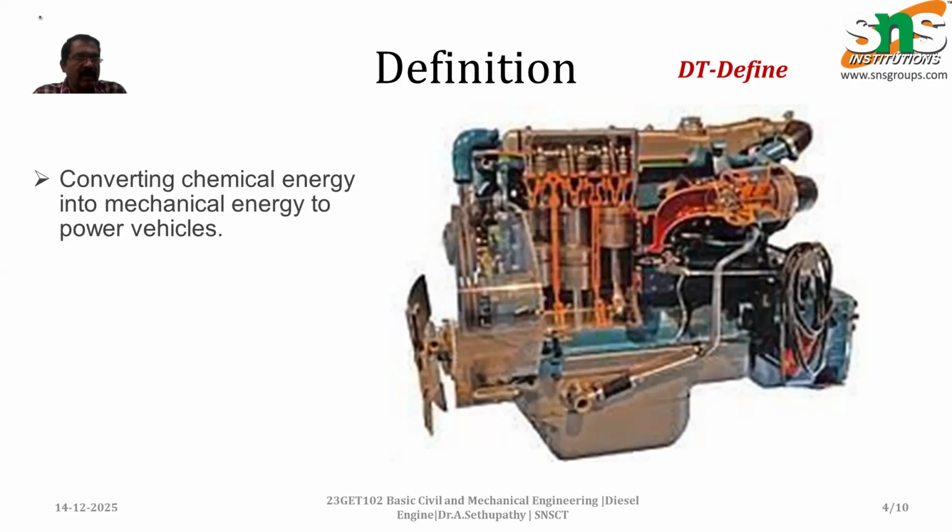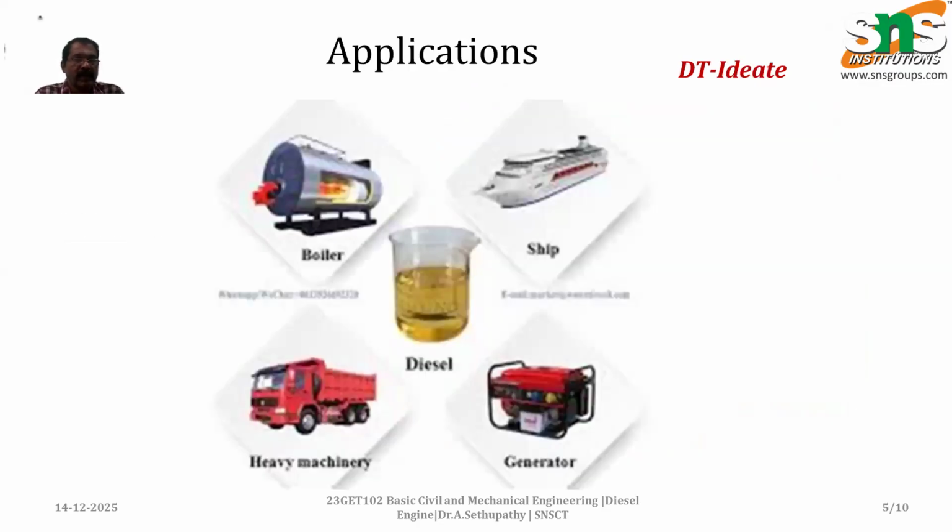The basic concept is that chemical energy is converted into mechanical energy in the engine. The applications of diesel engines are boilers, ships, cruises, heavy trucks, and generators. Mostly these four applications use diesel engines.